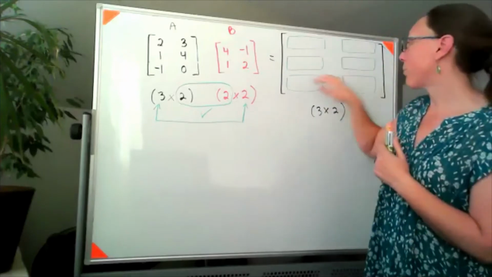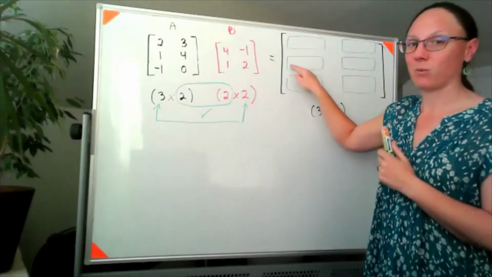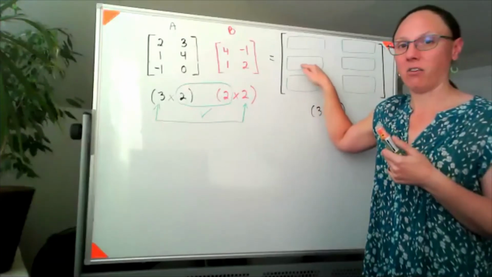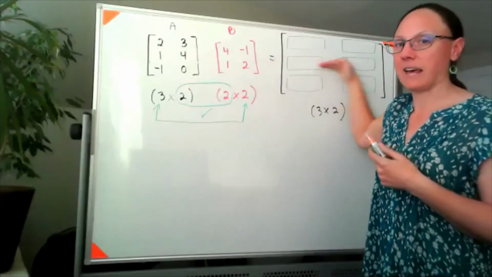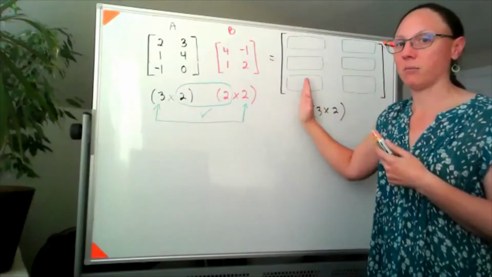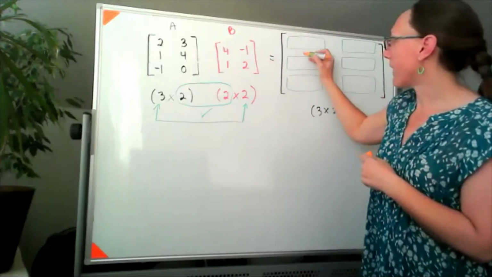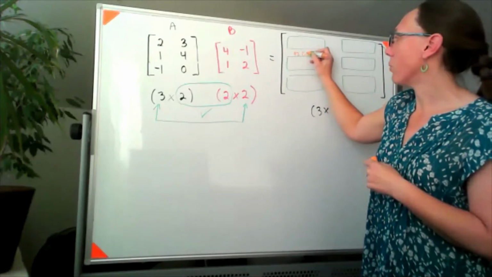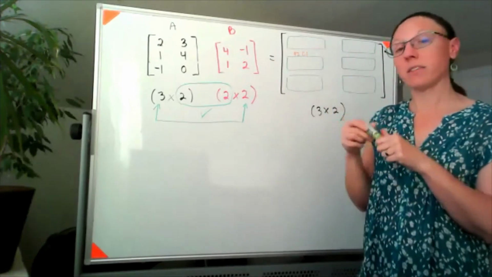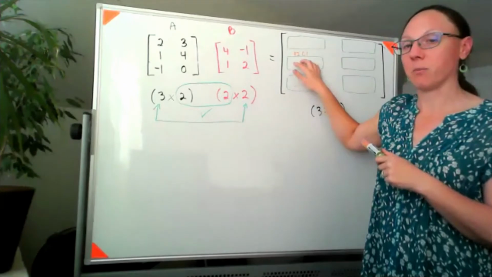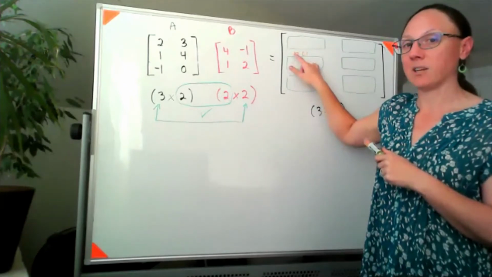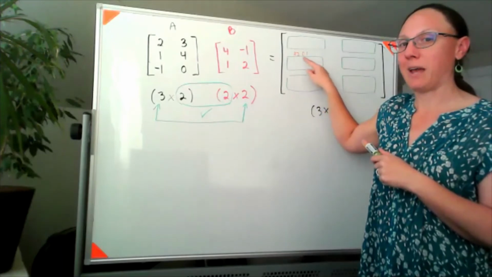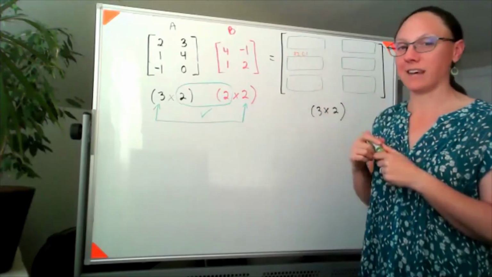So if I pick, thinking about Excel, this cell in the second row, first column, I'm going to write that as row 2, column 1. And the way that I'm going to get the answer here for the multiplication problem is I'm going to take row 2 of the first matrix and multiply it by column 1 of the second matrix.